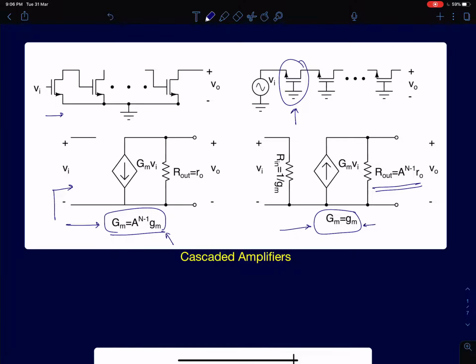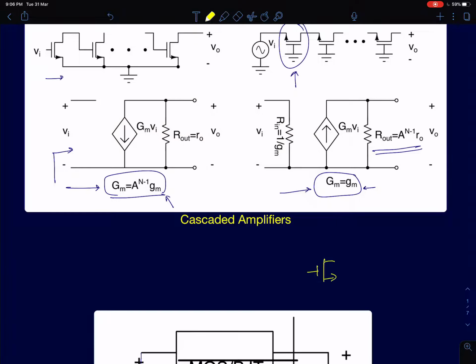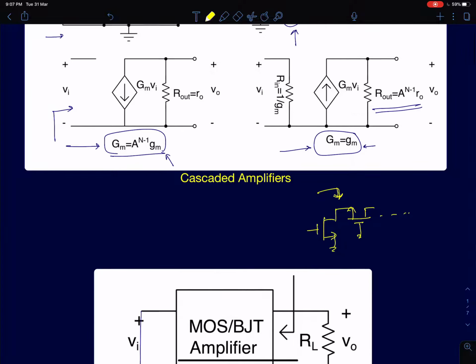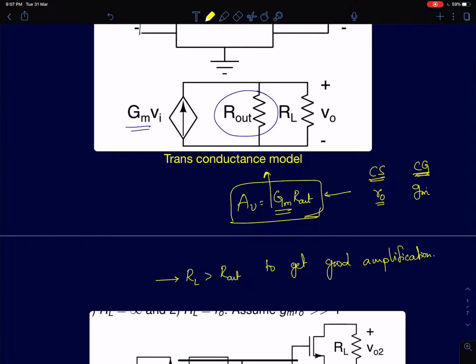We just replaced the first stage. When we replace the first stage by a common source amplifier and every other stage after that is a common gate, we refer to such a configuration as a cascode amplifier. And for this cascode amplifier to give us a good gain, the load resistance, we said, should always be of the order of the output resistance.